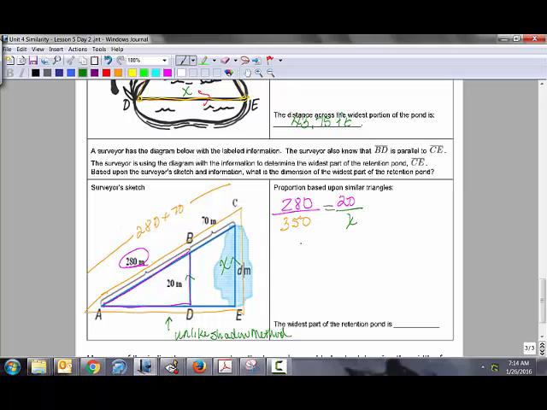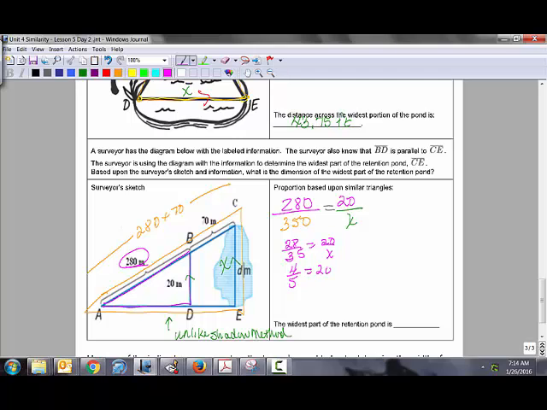This one I could do some reducing, so I'm going to. Right away I see that I can reduce this by a factor of 10 and end up with 28 over 35. I'm thinking I could do some more reducing though, just to make the math easier for myself. I have a factor of 7 in 28 and a factor of 7 in 35.